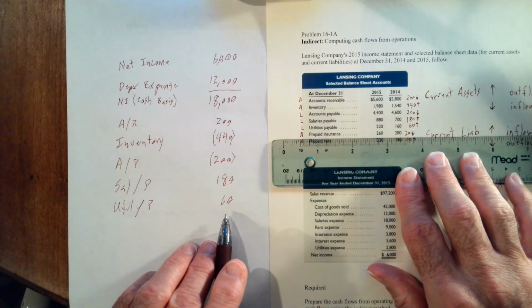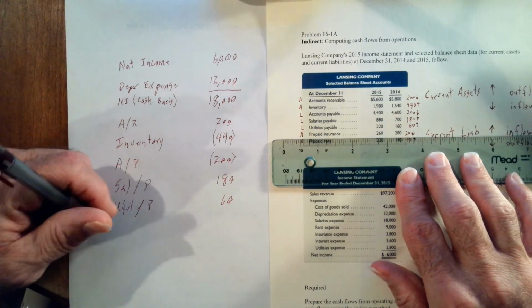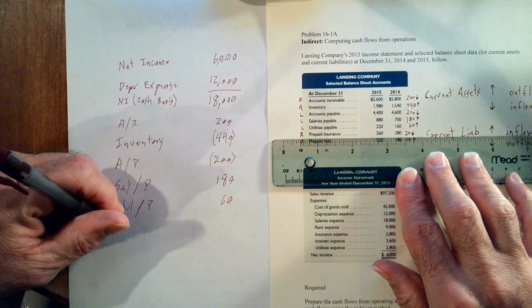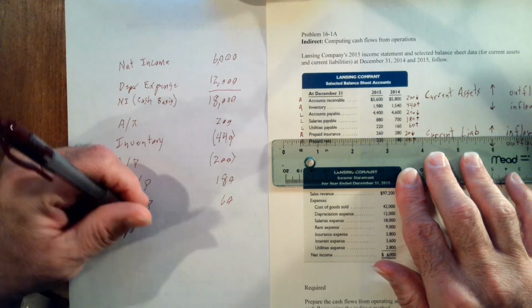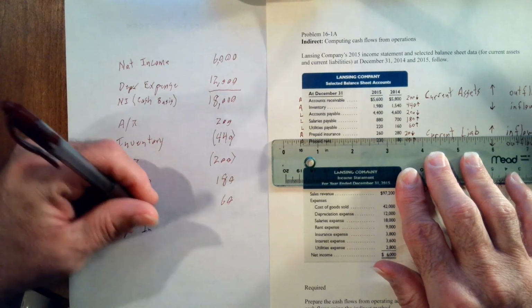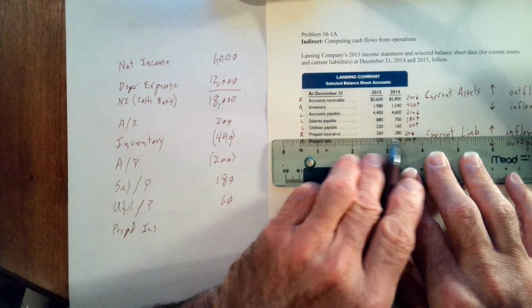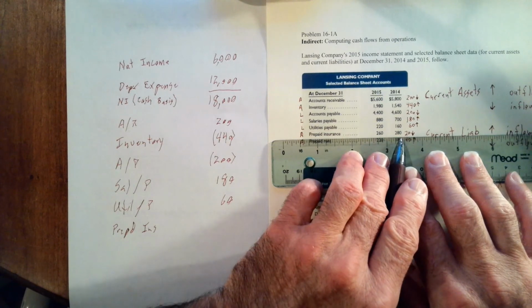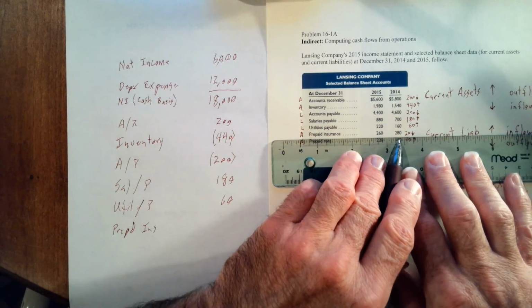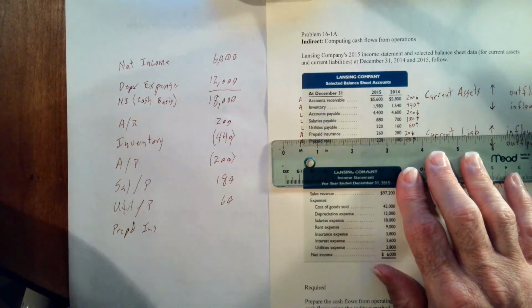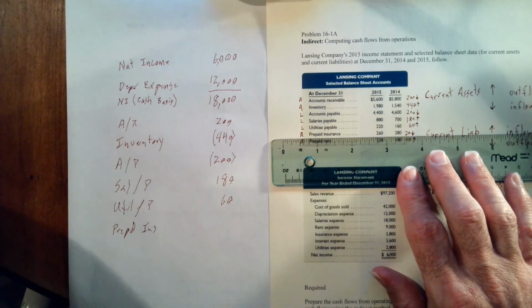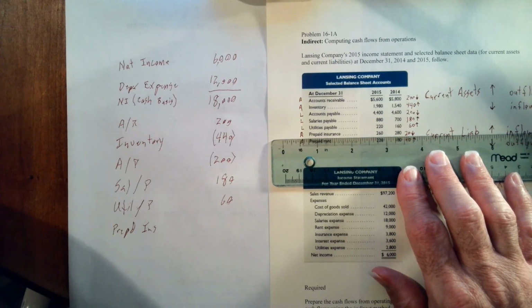Prepaid insurance. Now we're back to assets, so shift gears again, okay? Prepaid insurance went from 280 to 260. So it decreased. This was an asset, which meant that you used up some of the insurance, right? This was the same thing as if you had paid something up front and now you have less that you paid up front.